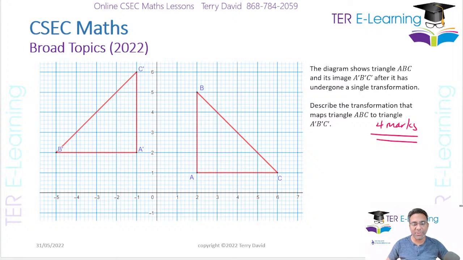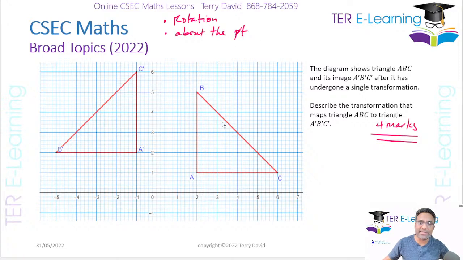Let me tell you what you need to say to get the marks. So one, we need to say it's a rotation. Now, when you're saying a rotation, you need to say rotation about the point.